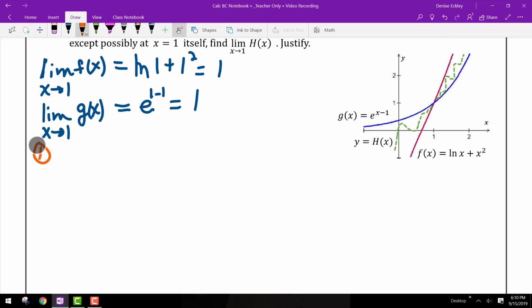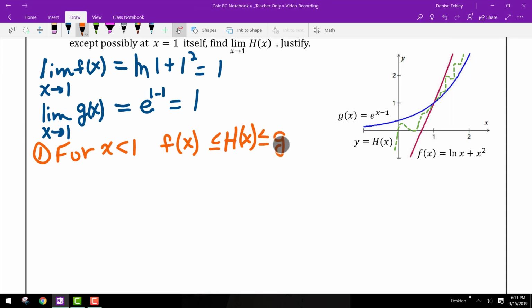So the first case we're going to say is for x less than 1. That's to the left. We have the situation where f of x is less than or equal to h, which is less than or equal to g. So h is squeezed between the two, bounded above by g and bounded below by f.